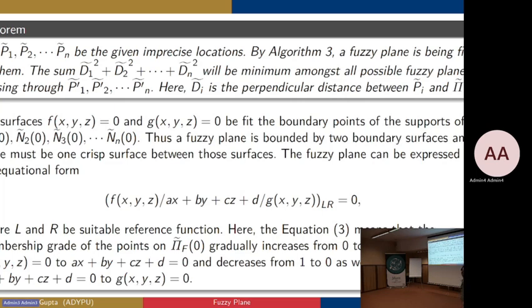And what does this equation mean? The membership rate of a point on the fuzzy plane gradually increases from 0 to 1 as we move from the surface f(x,y,z) = 0 to the core plane, and decreases from 1 to 0 as we move from the core plane to the surface g(x,y,z) = 0.